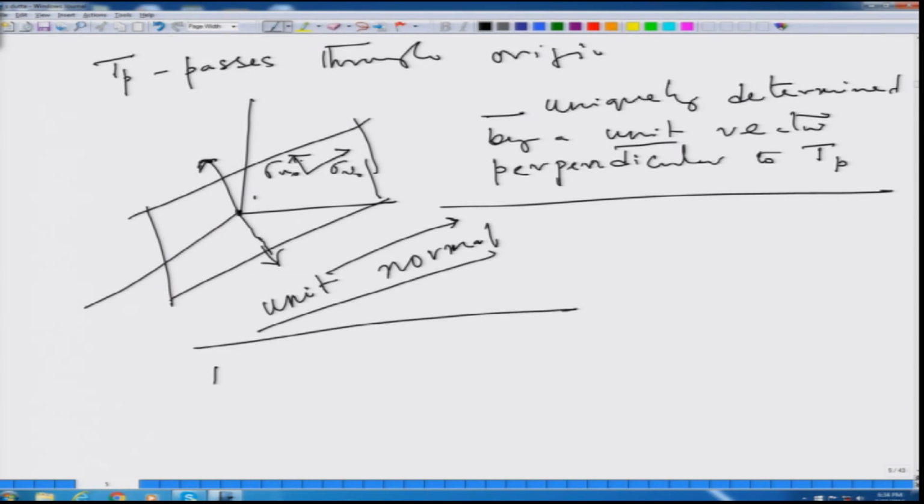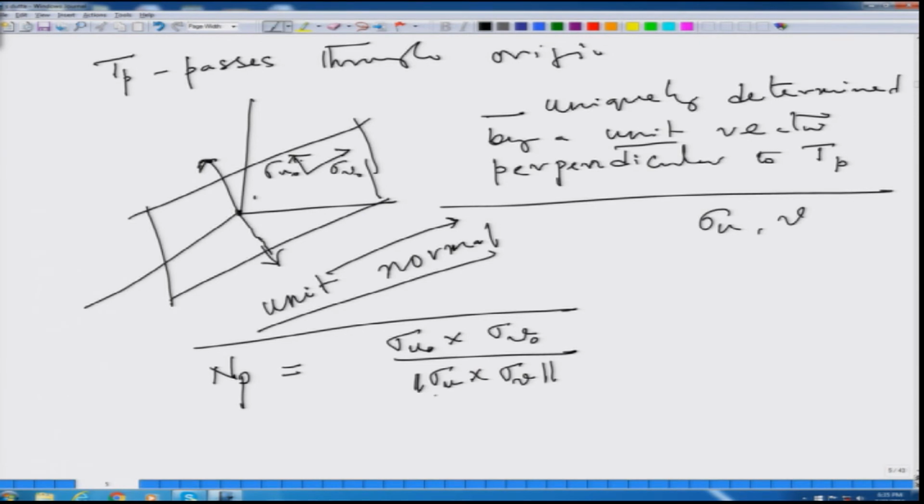So, the unit normal at point P, I can define as the vector perpendicular to sigma u and sigma v. If I have two vectors sigma u and sigma v at (u naught, v naught), then the vector perpendicular to both is the cross product, and I normalize it by its norm, and then what I get is a unit vector.